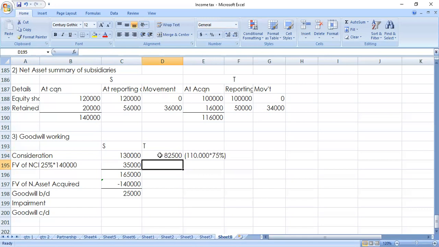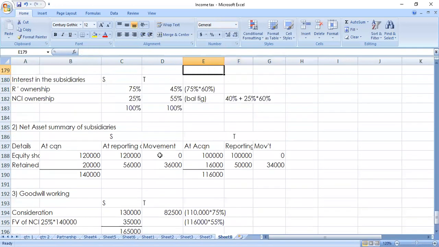In computing, this one remains constant, like I've been getting it. You get the percentage of NCI times the fair value of net assets acquired. The net assets acquired were 116,000 from working number 2, T, TVEC, times the NCI percentage. You computed the NCI percentage in working number 1, and it was 55%.